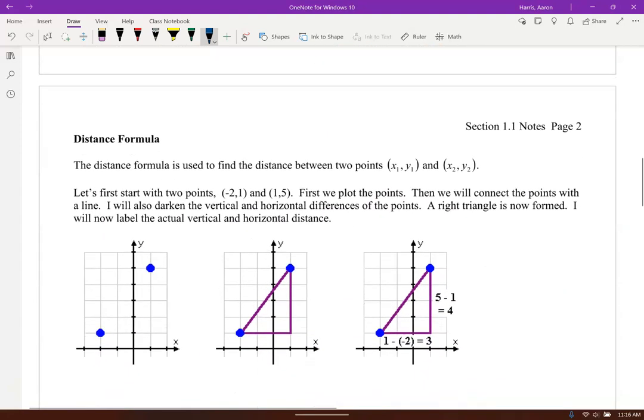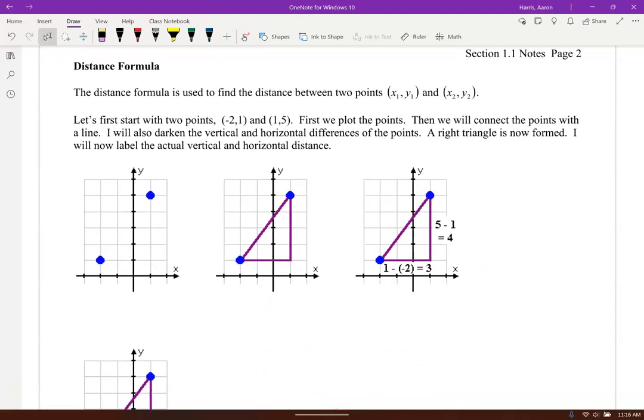All right, the distance formula comes from the Pythagorean theorem. If you remember, if you have a right triangle, a squared plus b squared equals c squared. You guys remember that?